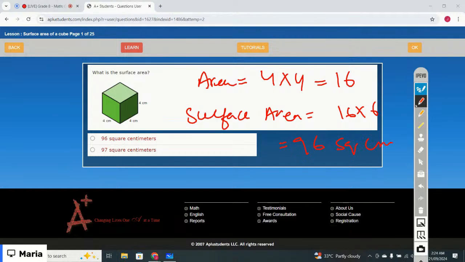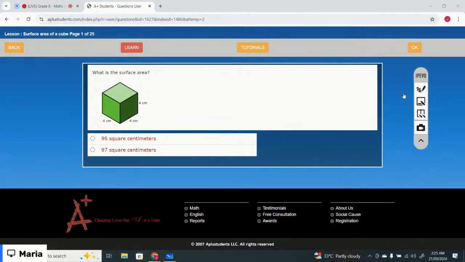The correct option is 96 square centimeters. Option number 1 is the correct option.